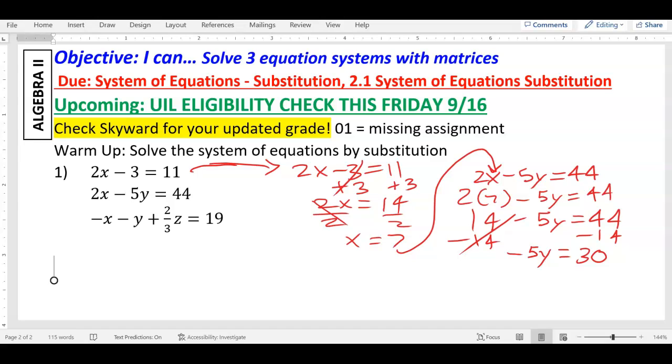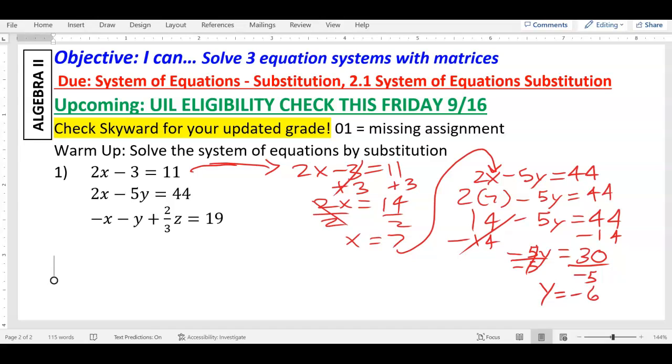Last step, to get rid of a negative 5 in front of y, what do I do? Divide by the coefficient negative 5. And y is negative 6. Very good.